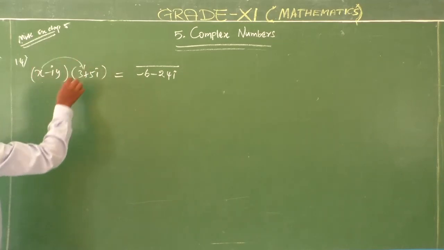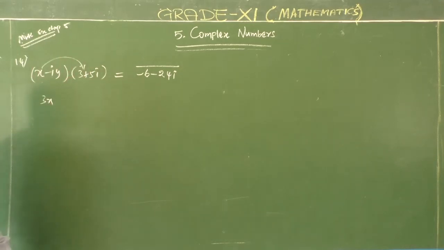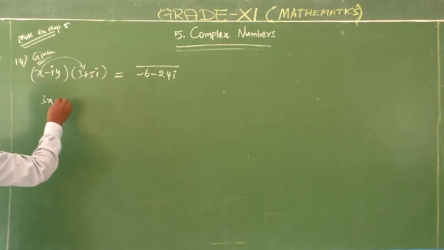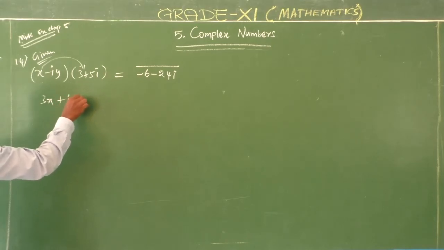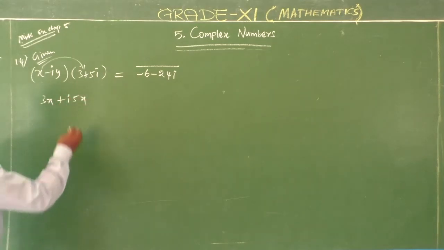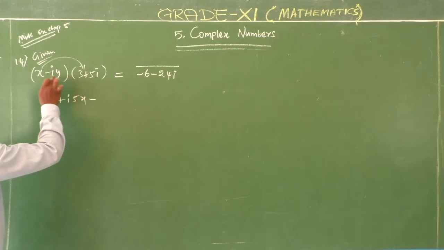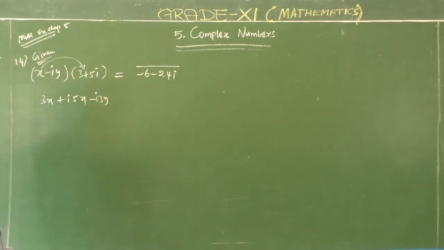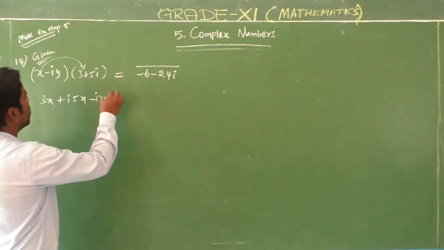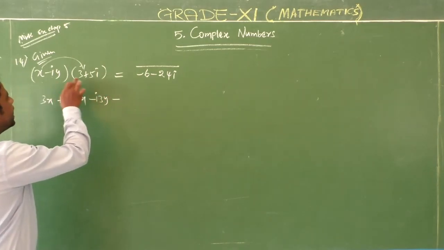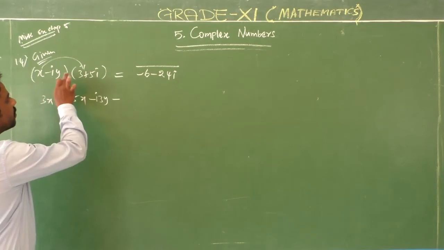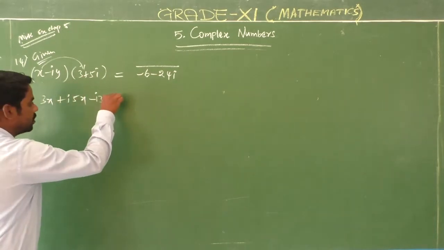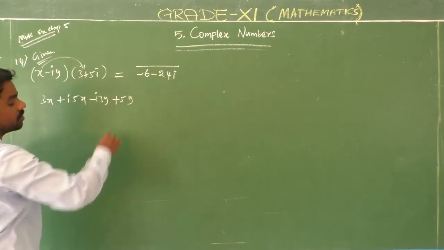X into 3 is 3x, and x into 5i is 5ix. Minus iy into 3 is minus 3iy, and minus iy into 5i is minus 5y i square. Minus i square is plus 1, so plus 5y.